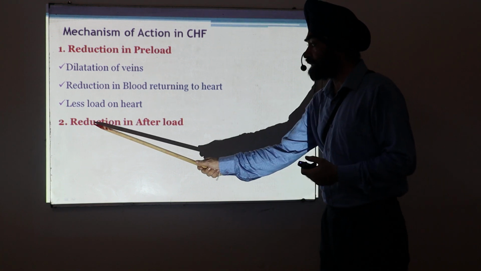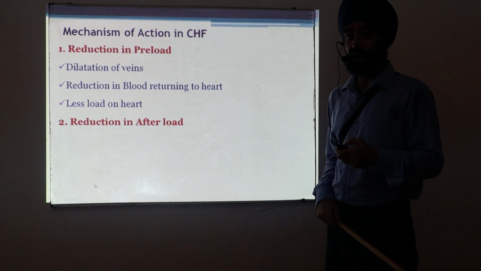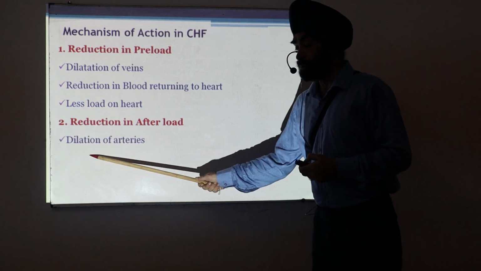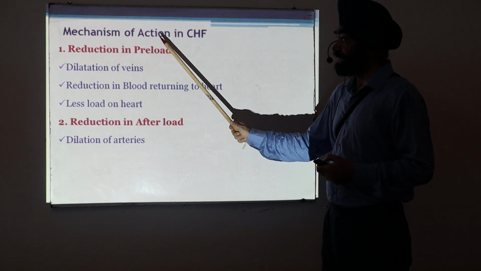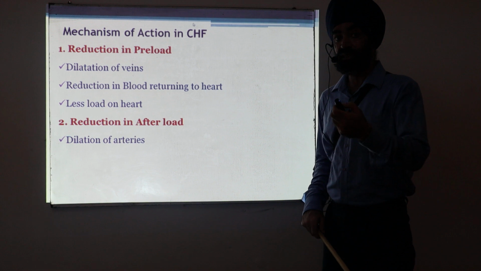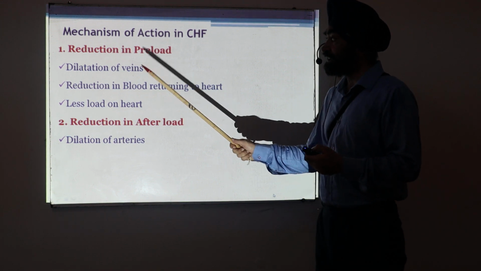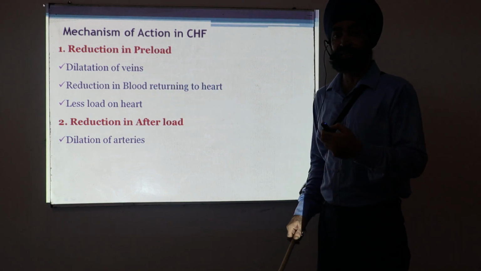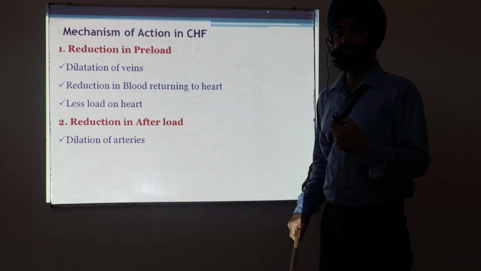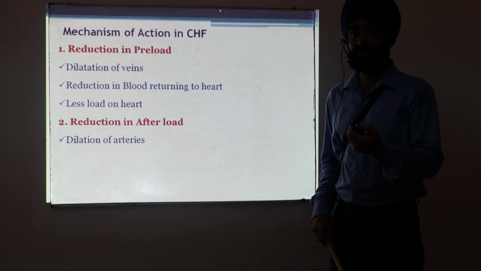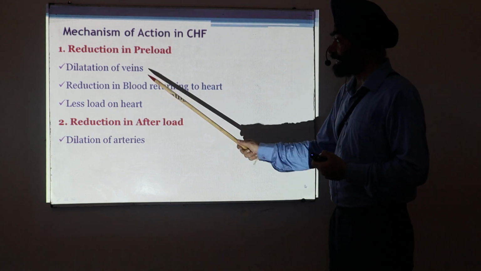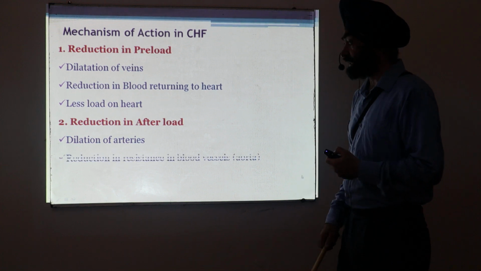Second thing, they also reduce the afterload. Afterload means they dilate the arteries also. So you remember, they dilate veins as well as arteries, because there are certain drugs which selectively dilate veins, like nitrates. There are some drugs which dilate only arteries, like CCB, calcium channel blockers, hydralazine. I will discuss them in upcoming videos. So they dilate both veins as well as arteries.